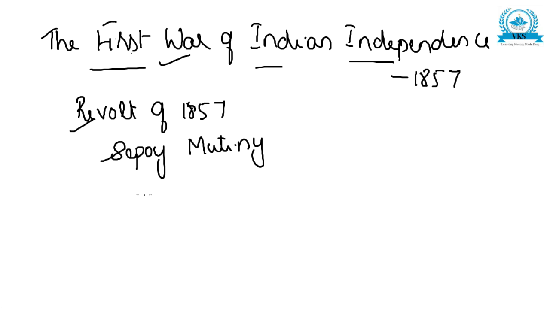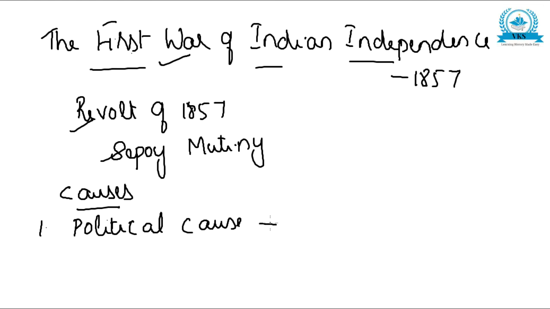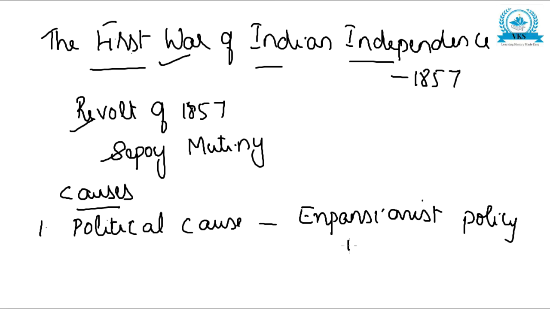Now let us see what the causes were for this First War of Indian Independence. The first cause is the political cause. The main political cause was the expansionist policy of the British, followed by the East India Company.